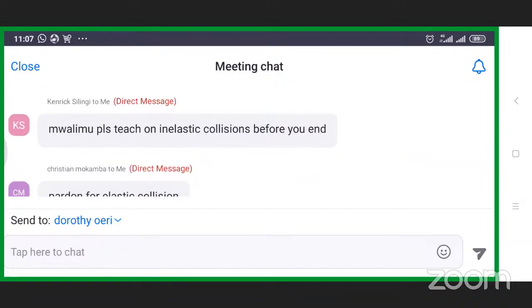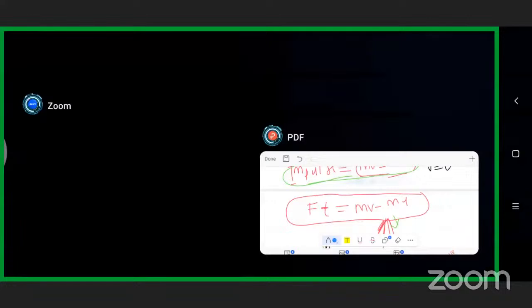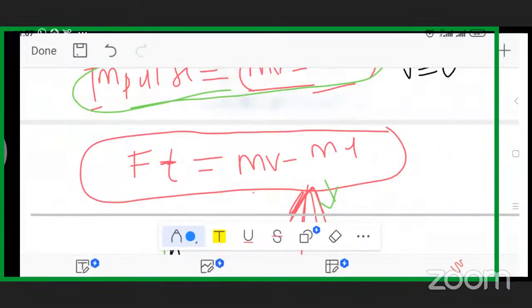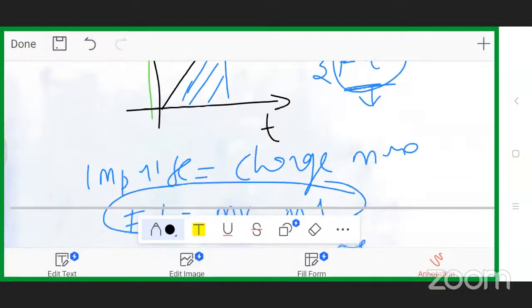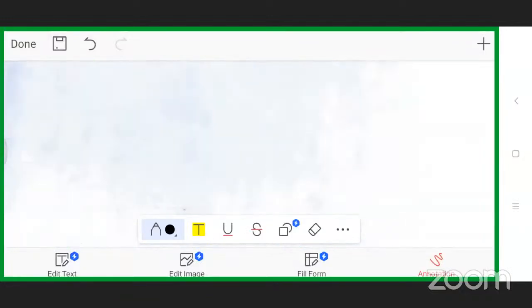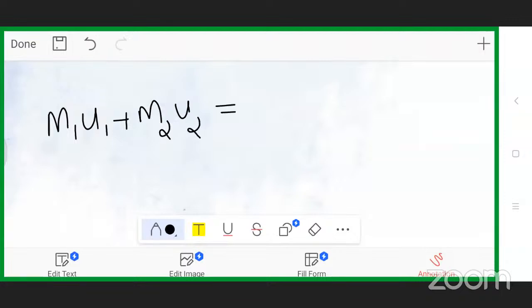When you're dealing with inelastic collision, where the bodies fuse together, in that case, the equations will be this. If the bodies fuse together, the momentum of the first body before collision plus the momentum of the second body before collision is equal to, because the bodies will fuse together, they move with a common velocity v.